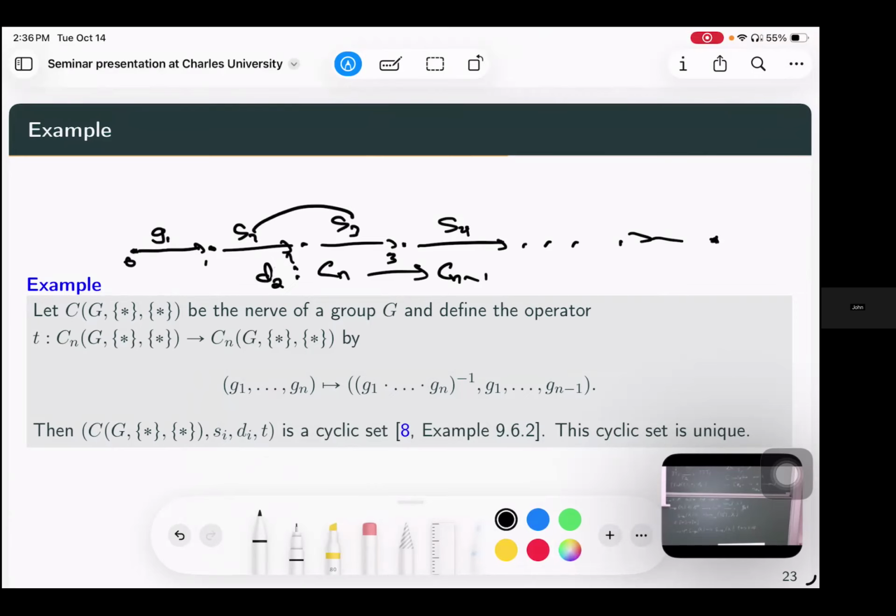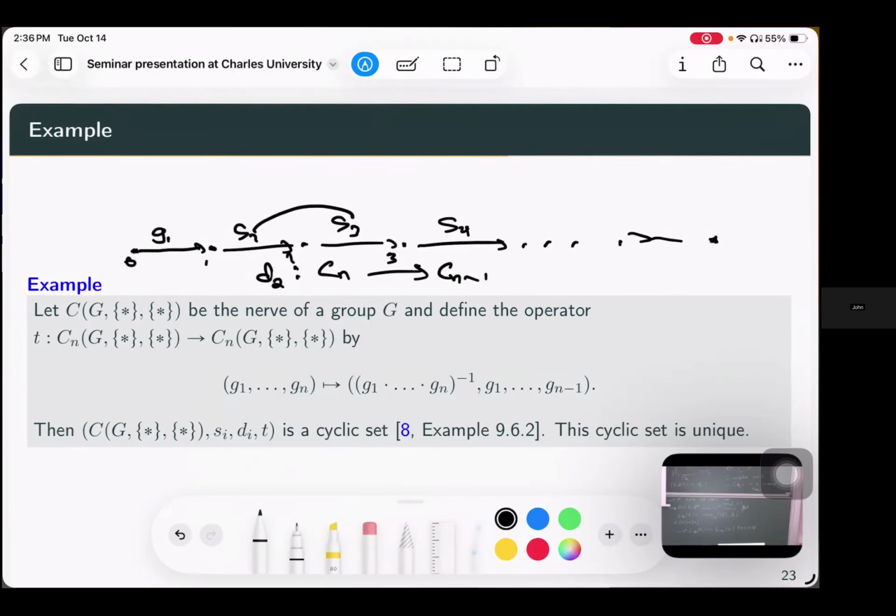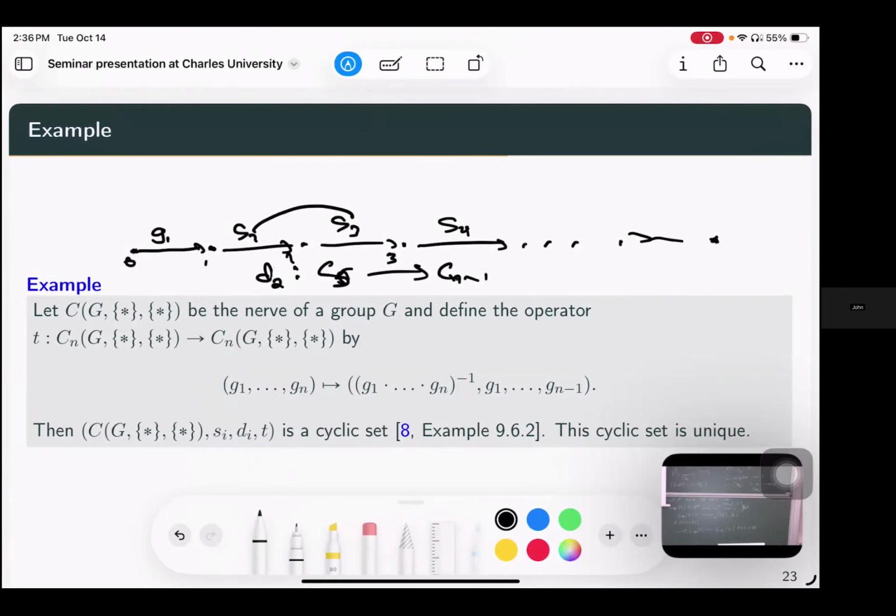If this were C5, that will go down to C4. So the face maps are given by multiplication of elements in the group. The degeneracies are given by inserting the identity element at the point in question. So this is actually a simplicial set. One can verify that all these simplicial relations hold.